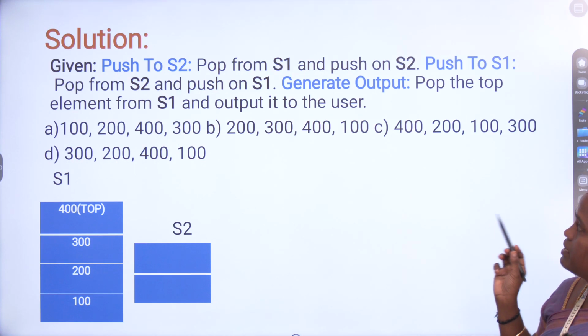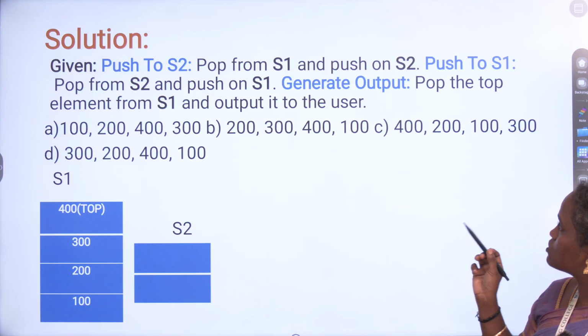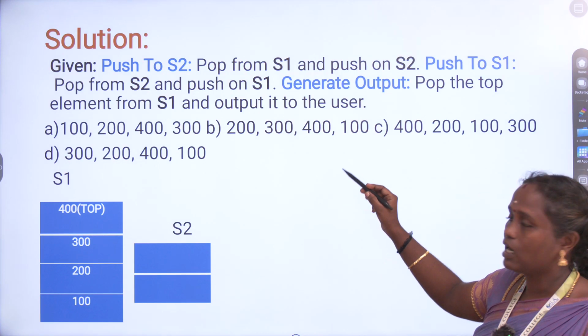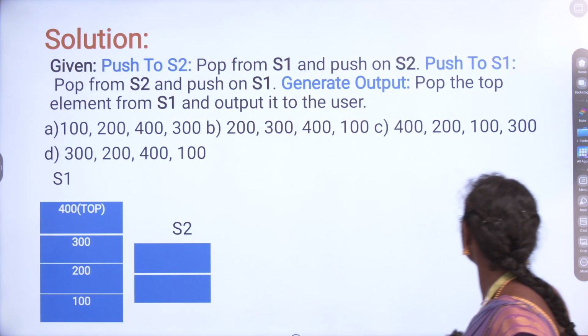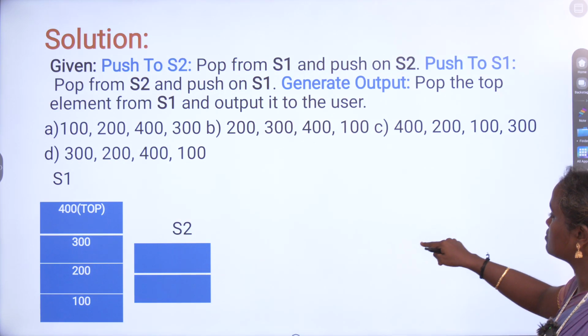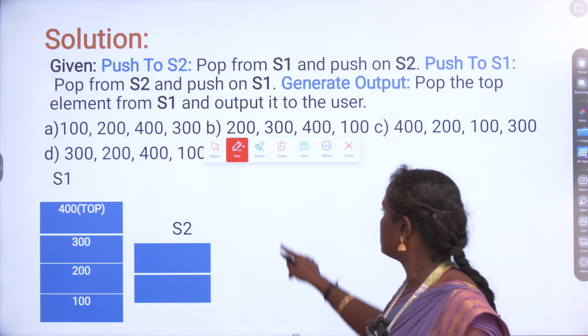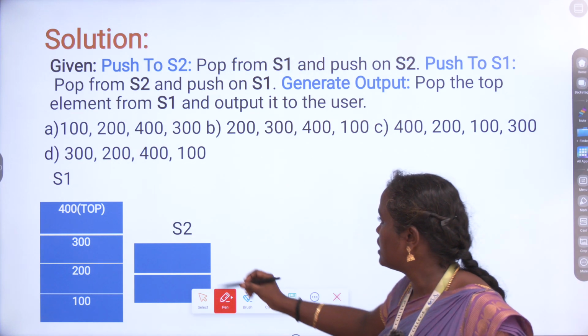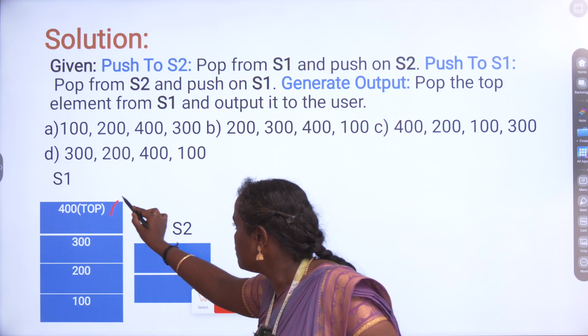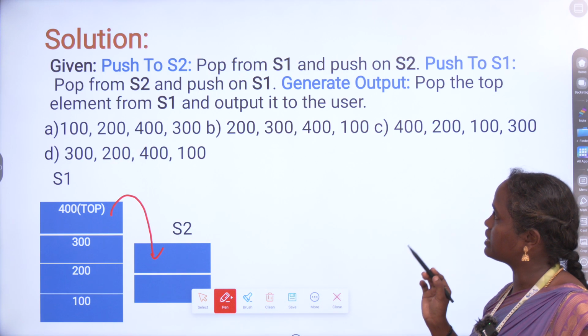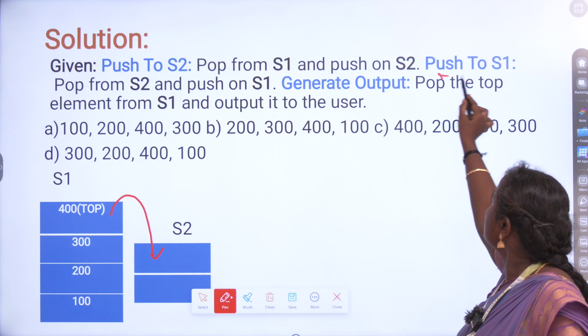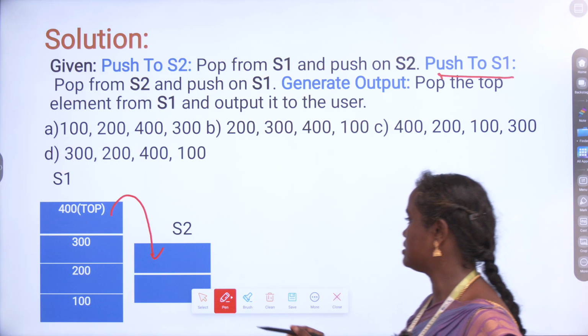Okay, see, given that we can push to stack S2, what is the condition? Only the top value we can push to S2, right? So that is the first thing. What's the second thing they have given? Push to S1. What is the meaning of this?